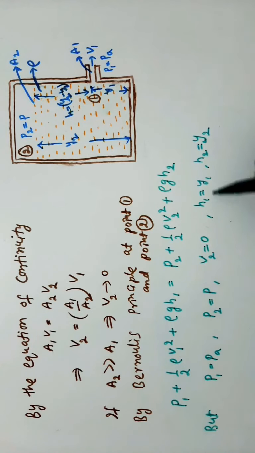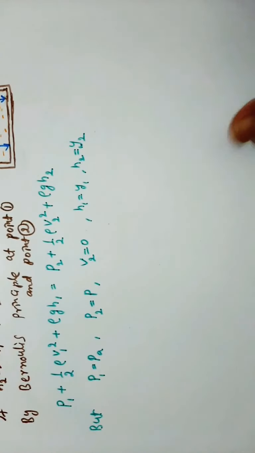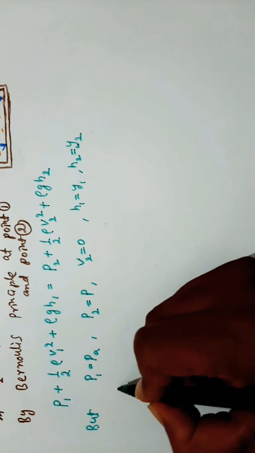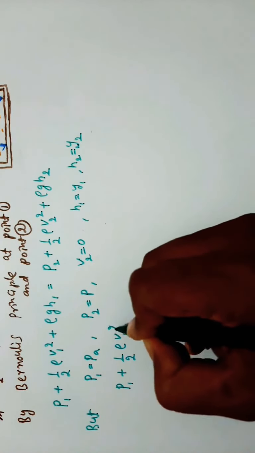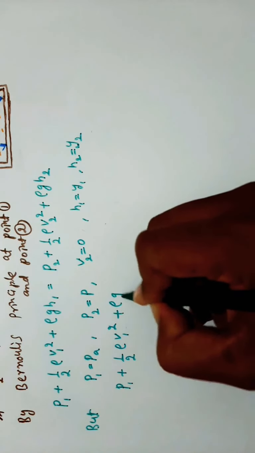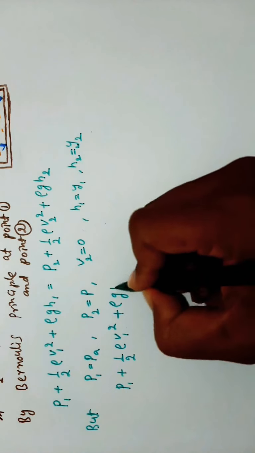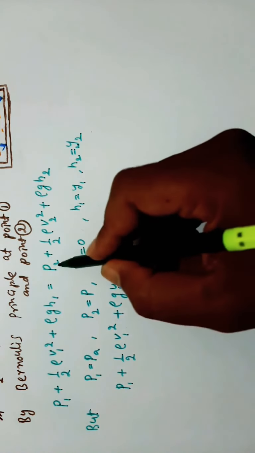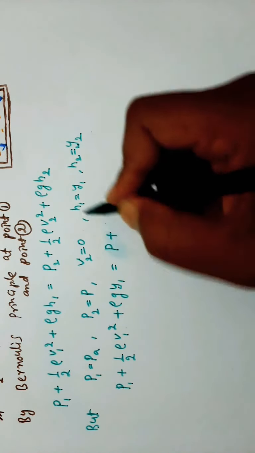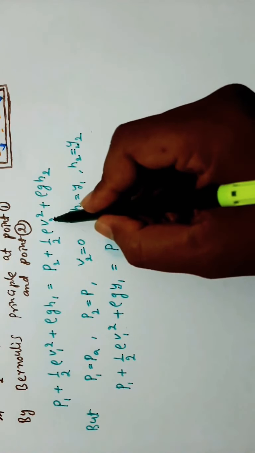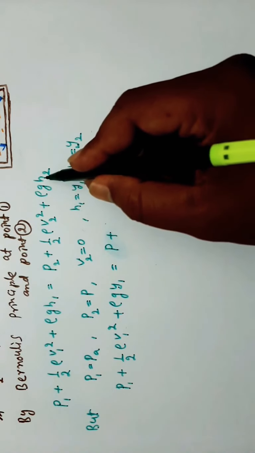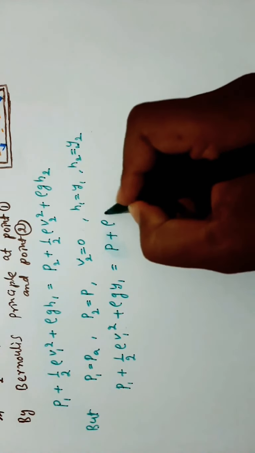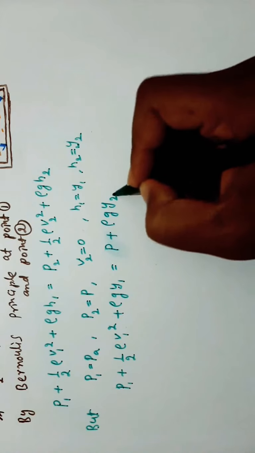So if we substitute these values in this equation, we get P1 plus 1 by 2 rho V1 square plus rho g y1 is equal to P plus, here V2 is 0, 0 into something is 0, so rho g H2, that is rho g y2.